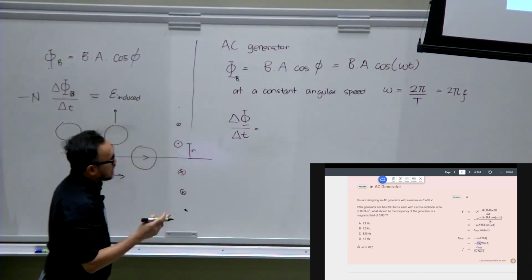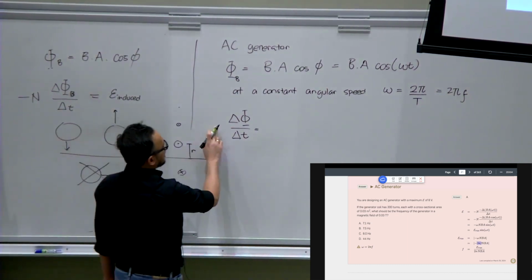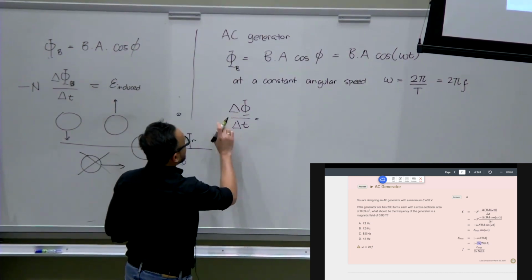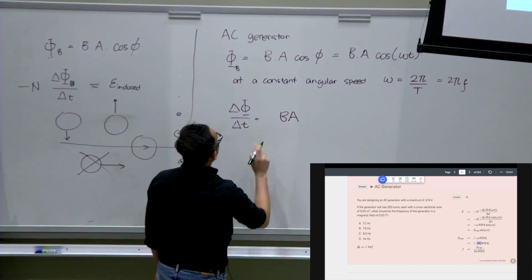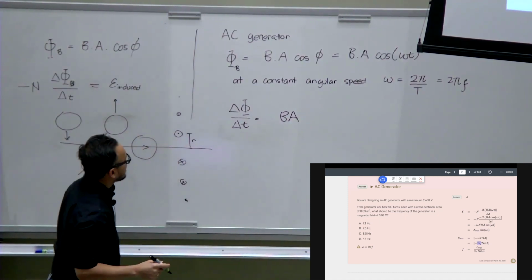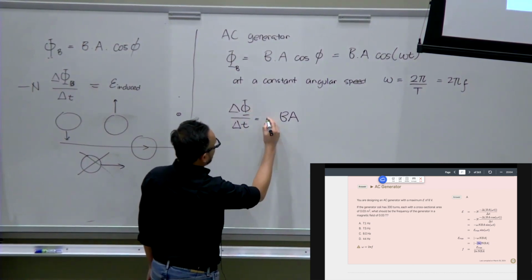If it rotates at a constant speed, the angle is just omega times time. In the interest of time, I'll just show you the formula for the AC generator for the change of flux over time.